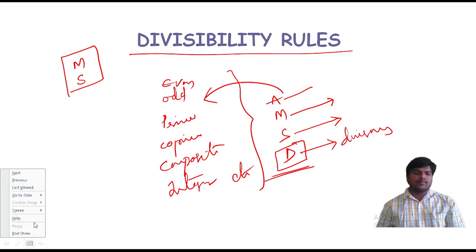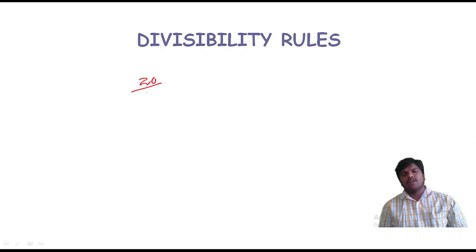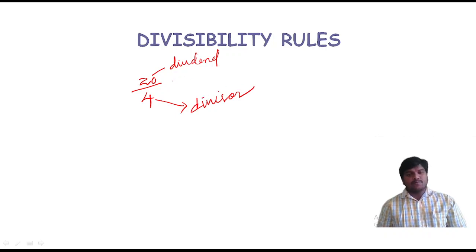Let me clear the screen. Whenever, for example, I want to divide 20 by 4. So here the upper part is called the dividend and the lower part is called the divisor.